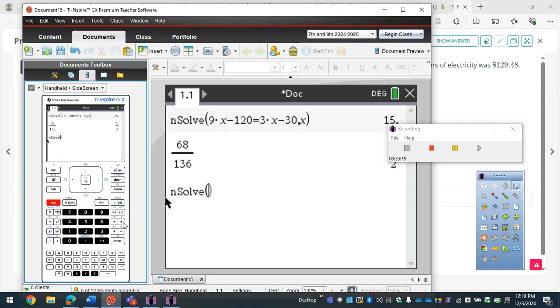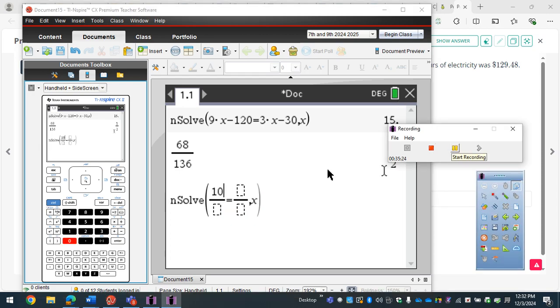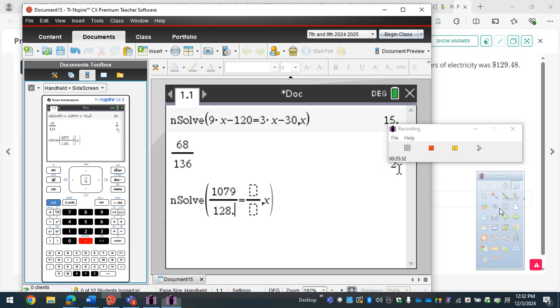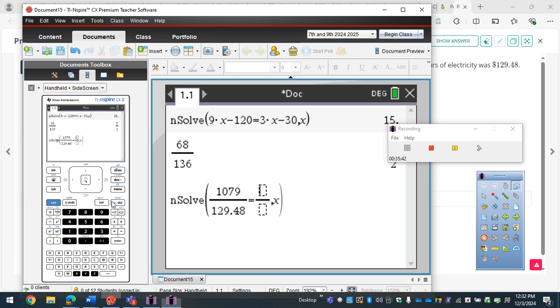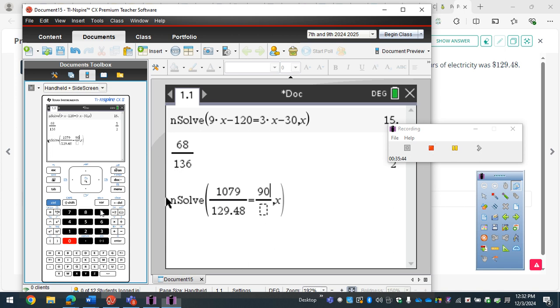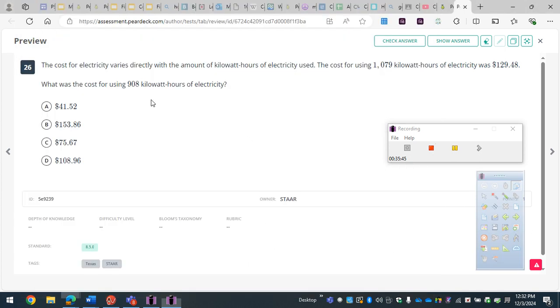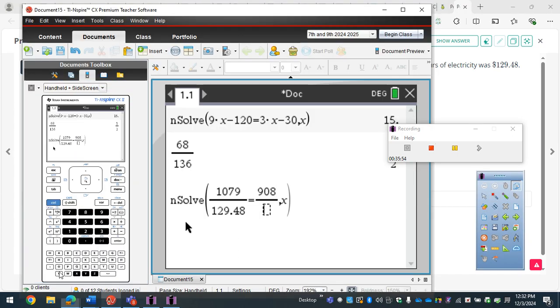I'll put a fraction here, and that's going to be equal to 1079 over 129.48, equals 908 kilowatts over x.